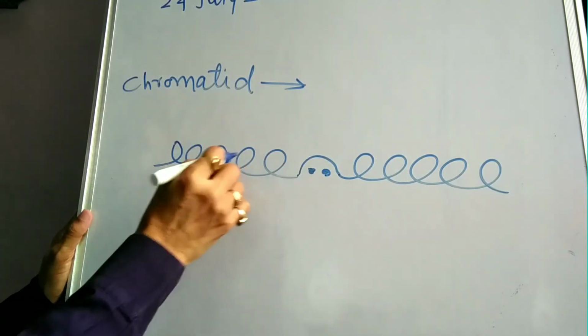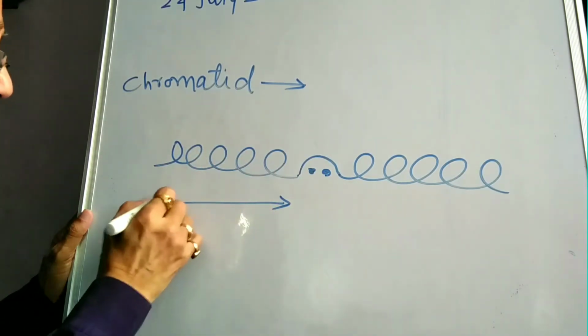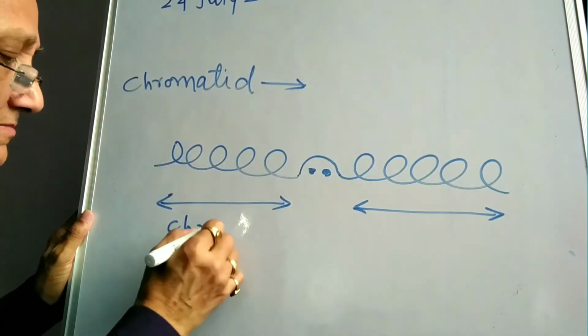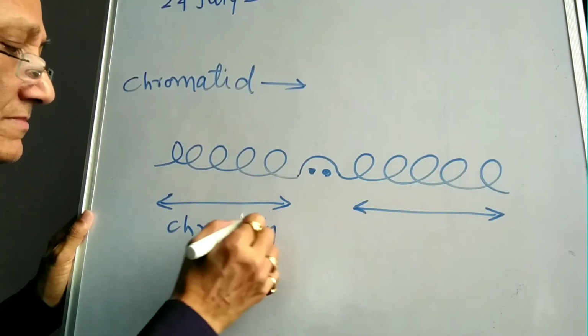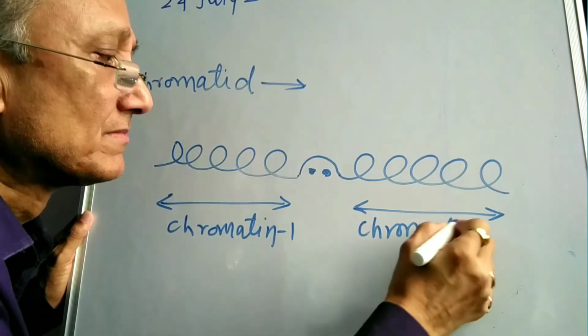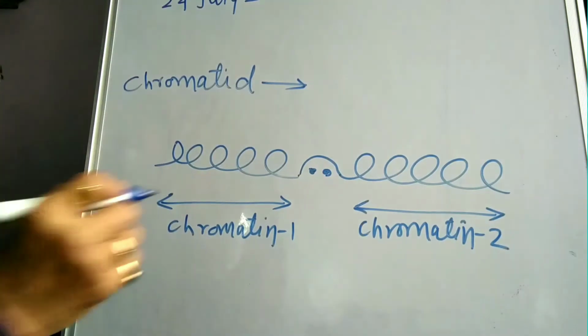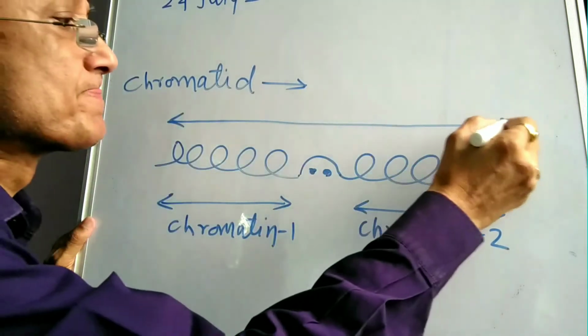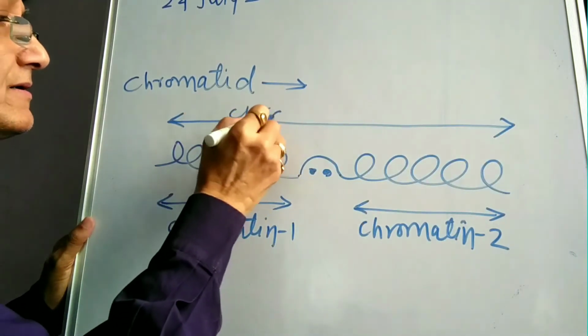So this one is one chromatin, this one is another chromatin, दो chromatin, और total length from here to here is the chromatid.